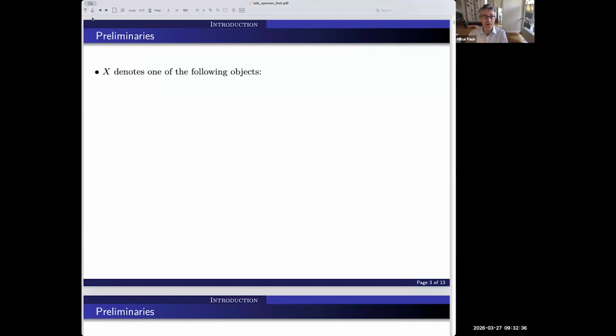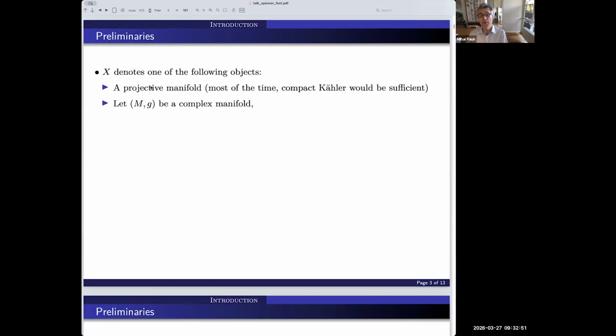X will denote, as usual, one of the following objects. It's either a projective manifold, and here most of the time a compact Kähler manifold would be enough. Another possibility, which is basically indispensable in this story, is the following.